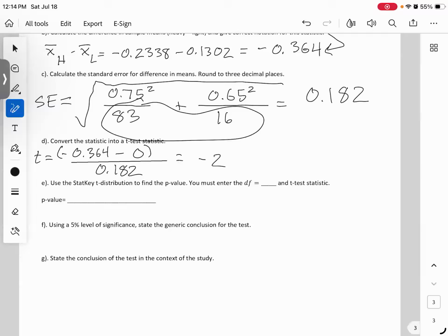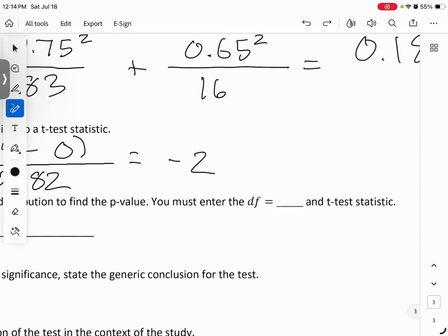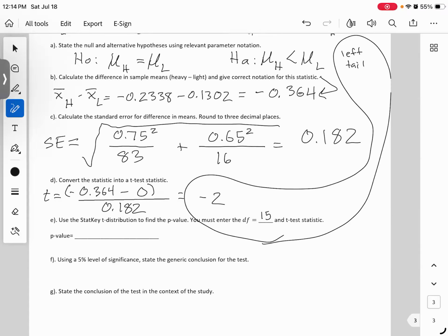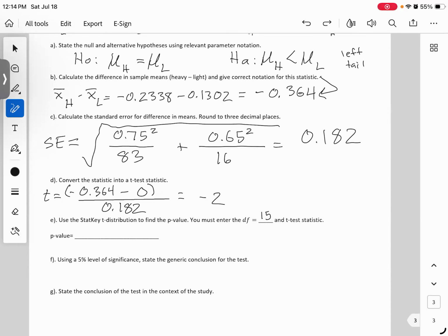If there's ever two groups, you have to go with the smaller one, which would be the 16, minus 1, which is degrees of freedom 15. And so now with these pieces of information, left tail, degrees of freedom 15, -2 for the t-test statistic, you can get the p-value from the t-distribution. And let's go ahead and go there and try it.